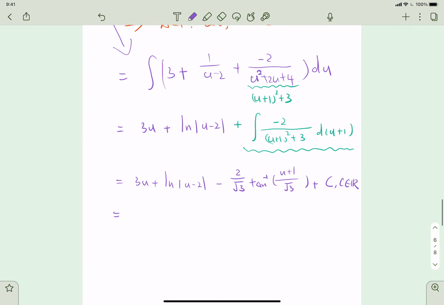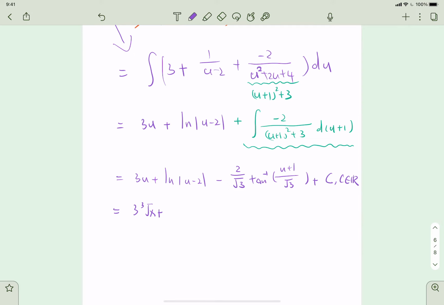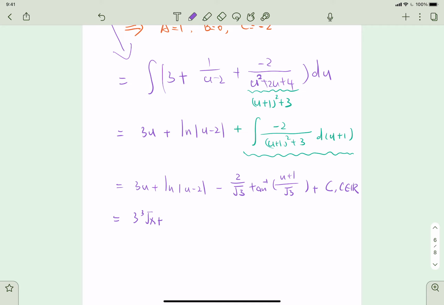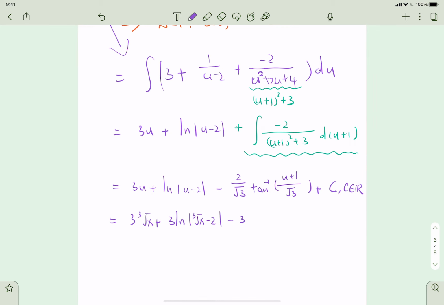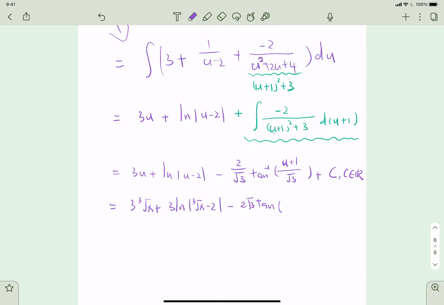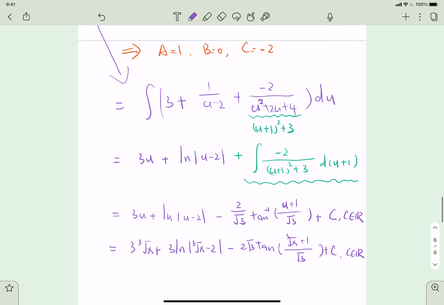So replacing everything back, we have 3 cube root of x plus this 3 ln cube root of x minus 2, right, minus 2 divided by 3, then multiply with another 3, that is 2 square root of 3 tangent inverse, this u plus 1 is going to be this plus 1 divided by square root of 3 plus c, where c is any real number.